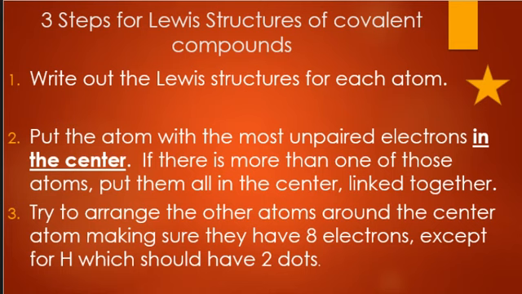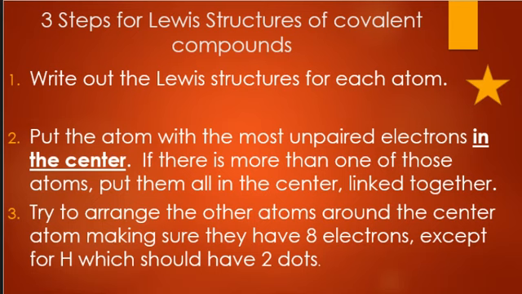For the vast majority of time, it does work to put that one that's by itself in the middle, but not every time. So this one is a little more accurate, a little more focused in. So the one with the most unpaired electrons, I got one hanging off by itself. I'm going to put it in the center. But in my mind, at this point, I'll just start with putting that one that's by itself in the center and see if that's going to work for us.